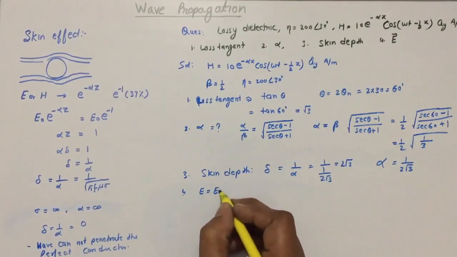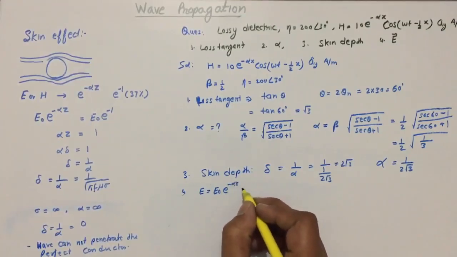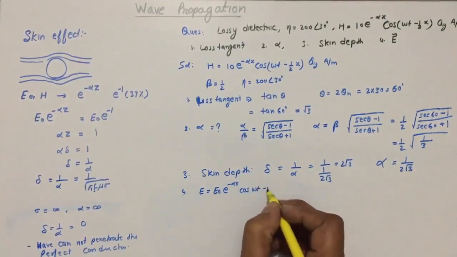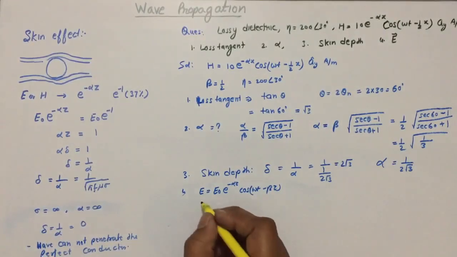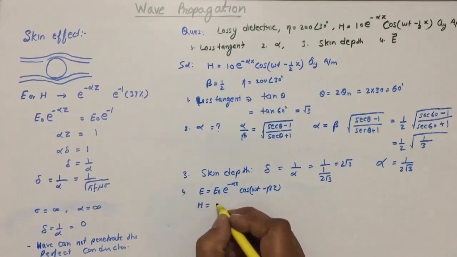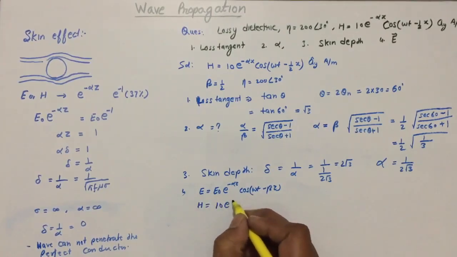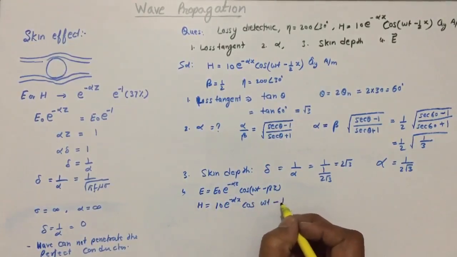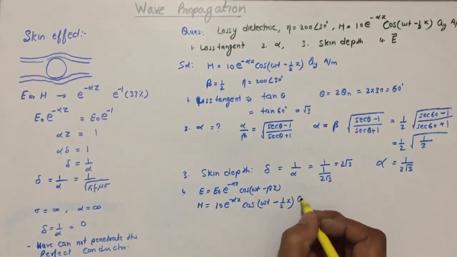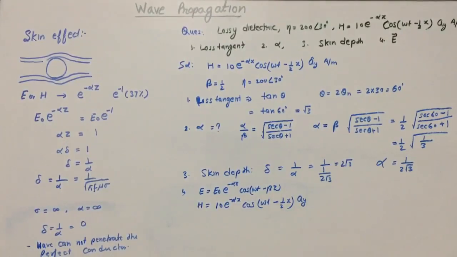E can be written as E naught e to the power minus alpha z cos(omega t minus beta z), and the actual H we have is 10 e to the power minus alpha x cos(omega t minus half x) in the ay direction. If we have H, then we can find E with the help of the intrinsic impedance.